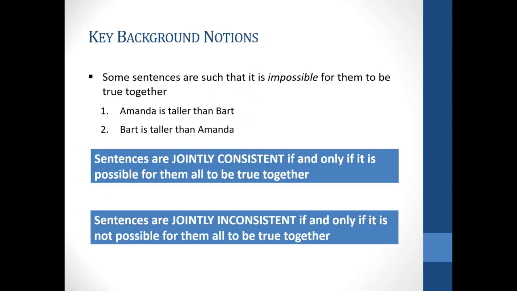It doesn't mean that both of them singly are false or true. Only if they're consistent, they're true together. Yes. So here's a way to think about it. Take 1 and 2. 1 could be true, and 2 could be true. But the problem is we can't have 1 and 2 true at the same time. It's not possible for them to be true all together.